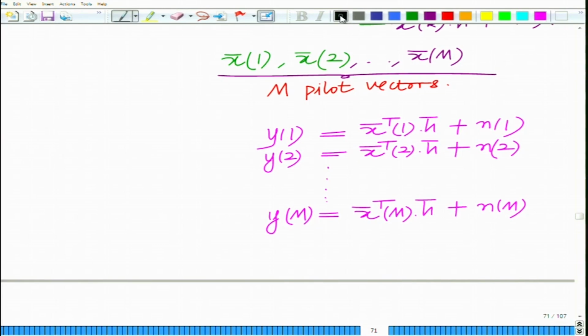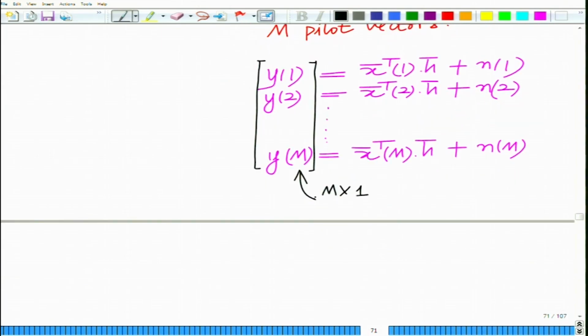Okay. And now what I can do is make a matrix out of this. So, this will become a vector, your m cross 1 output vector.